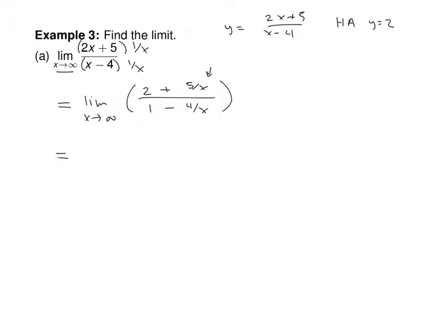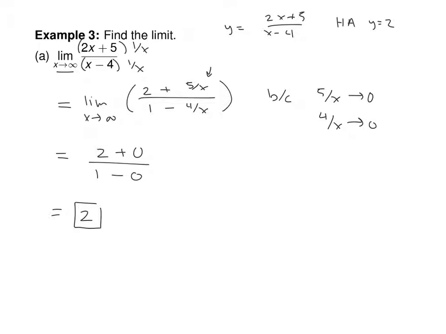So this is going to equal 2 plus 0 over 1 minus 0, which is 2. And that's because 5 over x goes to 0, 4 over x goes to 0. And you know that, okay, 5 divided by a big number, definitely going to be 0. 4 divided by a big number, going to be 0, right?